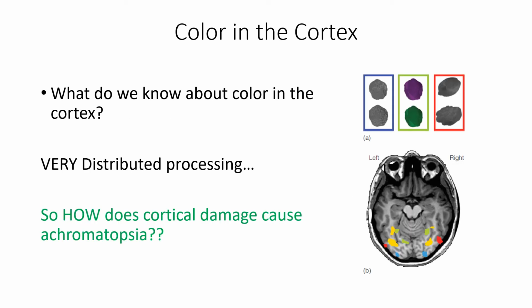What do we know about color in the cortex? We know that it is very distributed processing. This is a study that was done in 2010 where they asked participants whether two blobs were the same or different depending on texture, color or shape. You can really see it in the first one, but the texture is different. In the brain imaging, we see the activity in response to texture at the back of the occipital lobe.